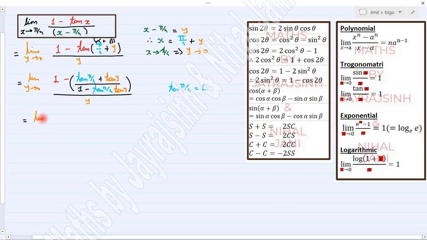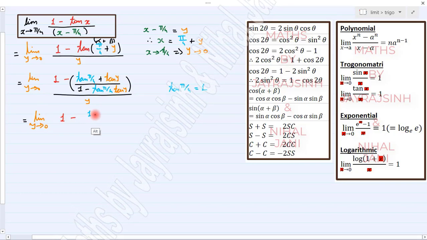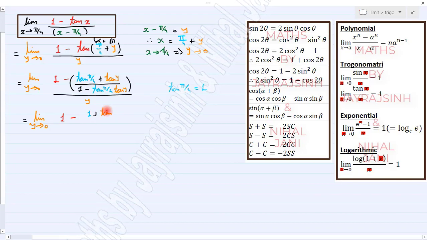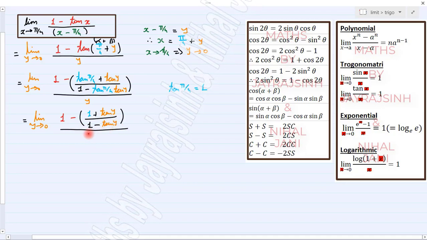So limit y tends to 0. In the numerator we will get 1 minus (1 plus tan y) upon (1 minus tan y), whole divided by y as it is.